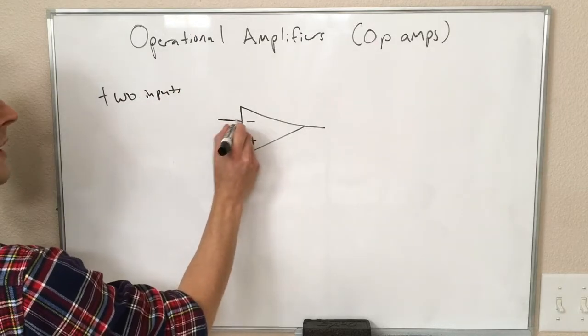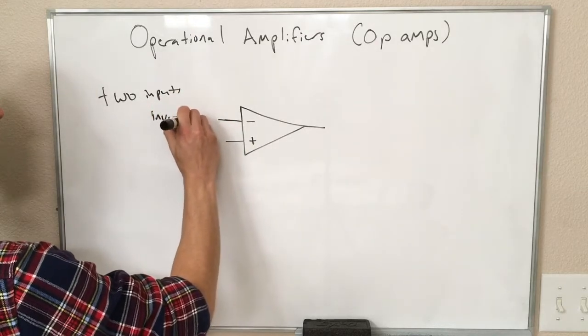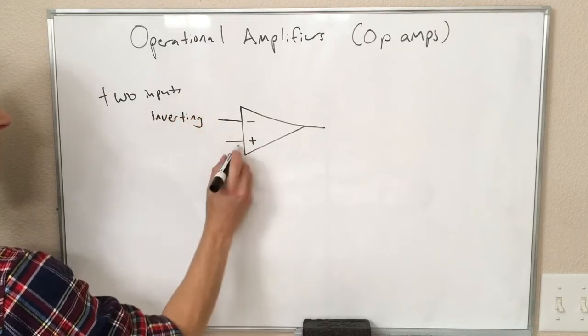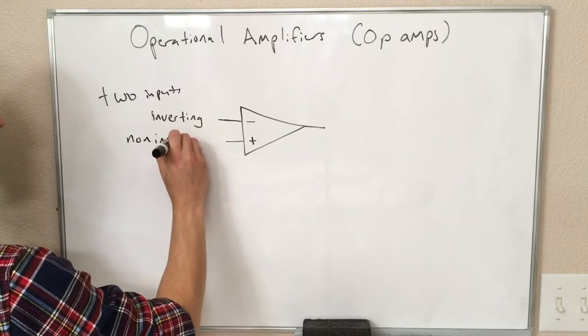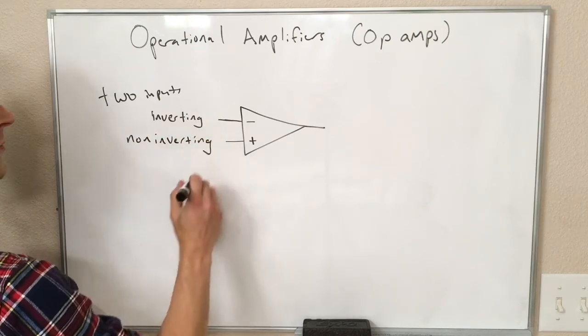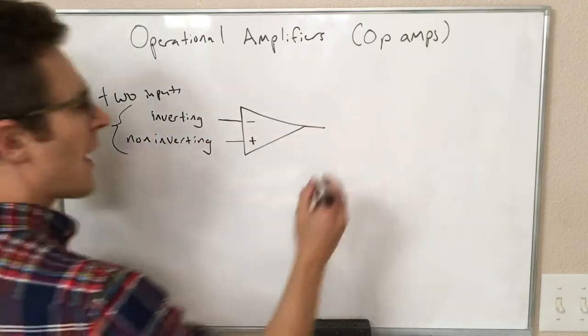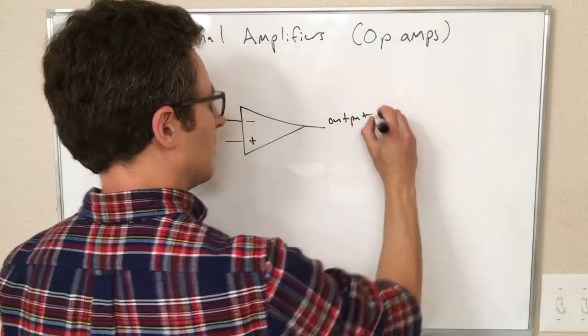The input on the minus symbol is called the inverting input, and the input with the plus is the non-inverting input. The output is just called the output.